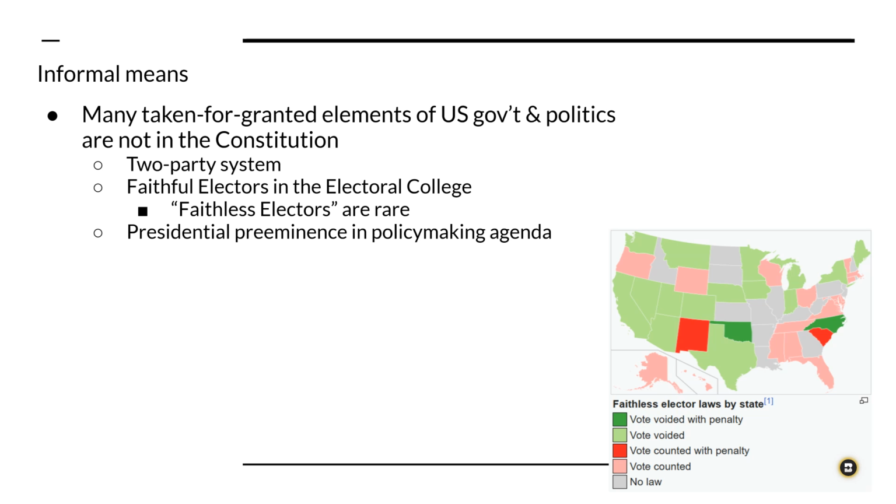Another element is the preeminence of the presidency in American policymaking, both in setting the agenda, but really in guiding the process of policymaking. For everything that you have been taught and that will be taught in this class about having three co-equal branches of government, Article 1 is the longest article that lists a ton of specific powers and even gives implied powers through things like the necessary and proper and commerce clauses.